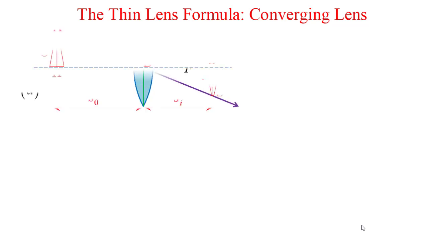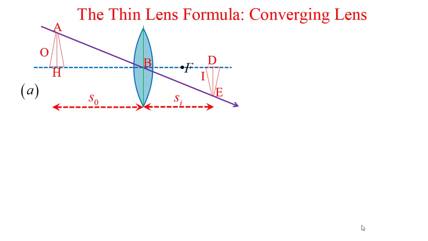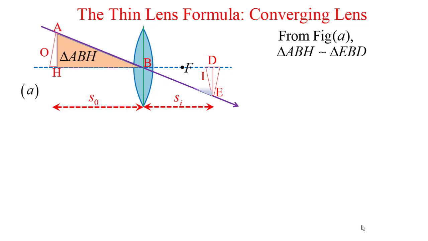The thin lens formula. Let us begin with converging lens. Consider this arrangement for a convex lens, that is a converging lens. From this figure A, triangle ABH and triangle EBD, these highlighted triangles are similar triangles.